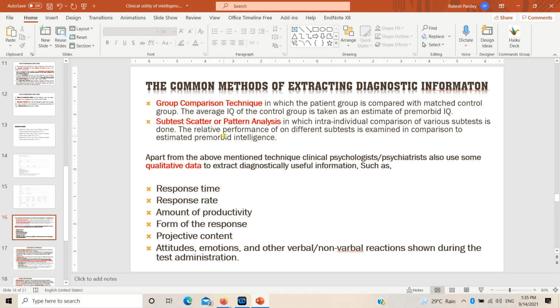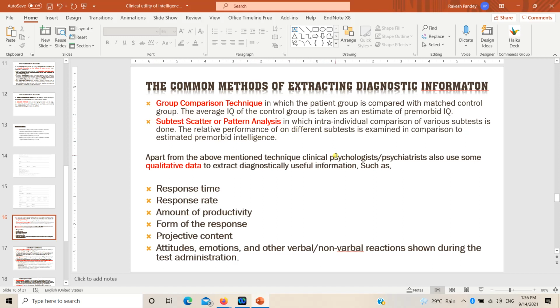In this, intra-individual comparison is done. The first one is inter-individual comparison: we are comparing a healthy individual with an individual having some psychopathology. But this scatter analysis or pattern analysis is an intra-individual approach in which the comparison is done within the individual on various subtest scores.